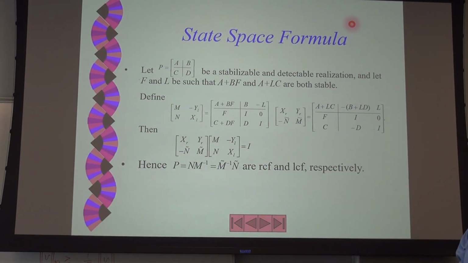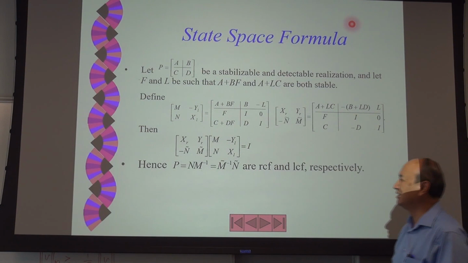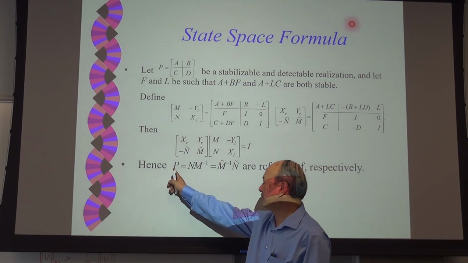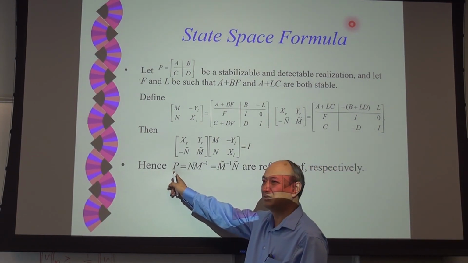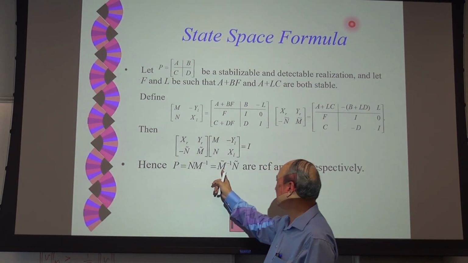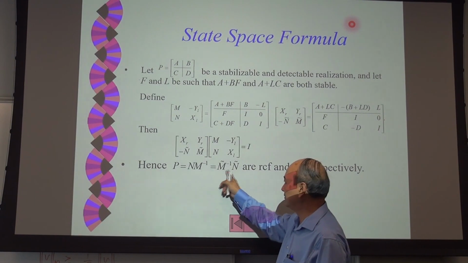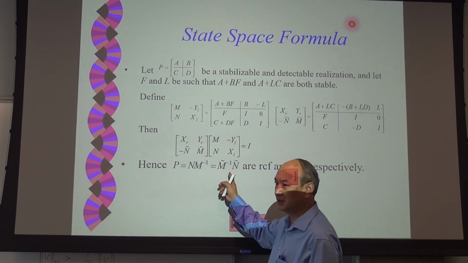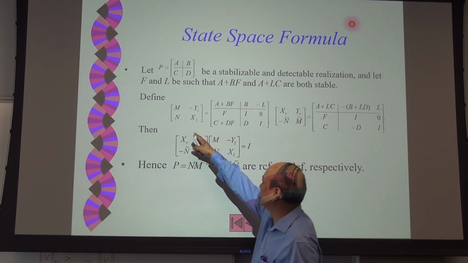In the end, say this is a 2 by 2 transfer function matrix. You also have 2 by 2 blocks, but in two different forms, and when you stack them you get 4 by 4.